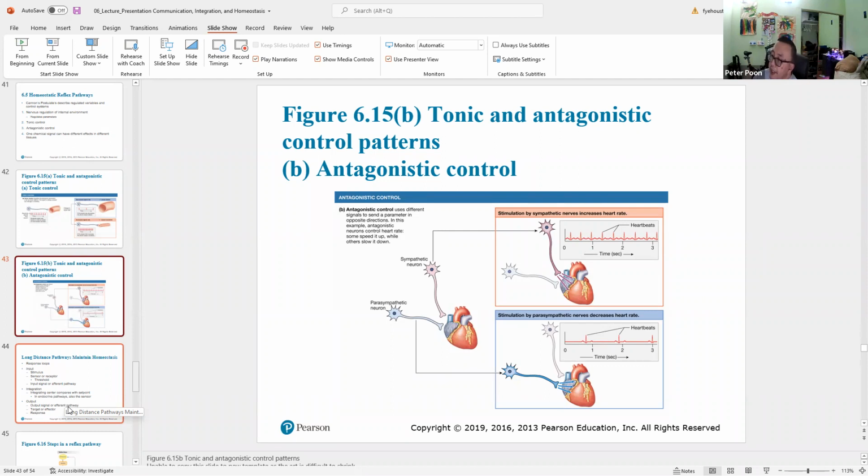A sympathetic neuron releases norepinephrine. A parasympathetic neuron releases acetylcholine. Two different chemicals that work on the same regions.